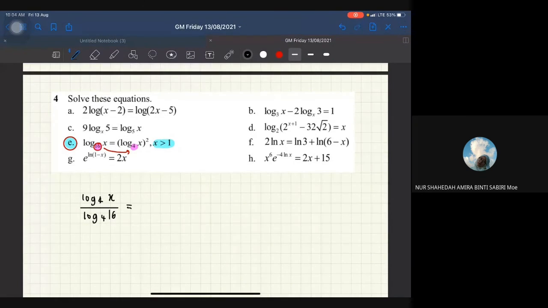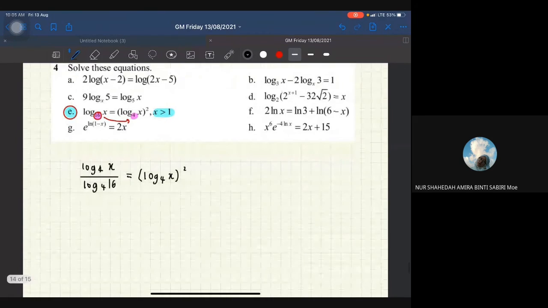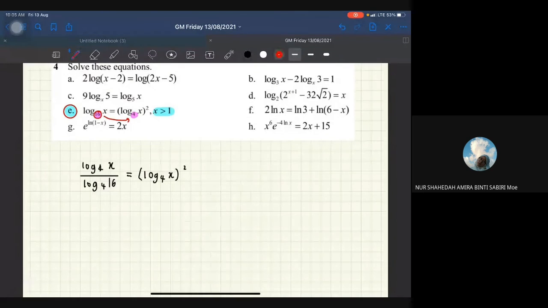Okay, so equal to log base 4 X square. Macam ni. Okay, so this one you can simplify. This whole thing, you can simplify it. Okay, so you change 16 to 4 to the power of 2. So you have log 4x over log 4 square.